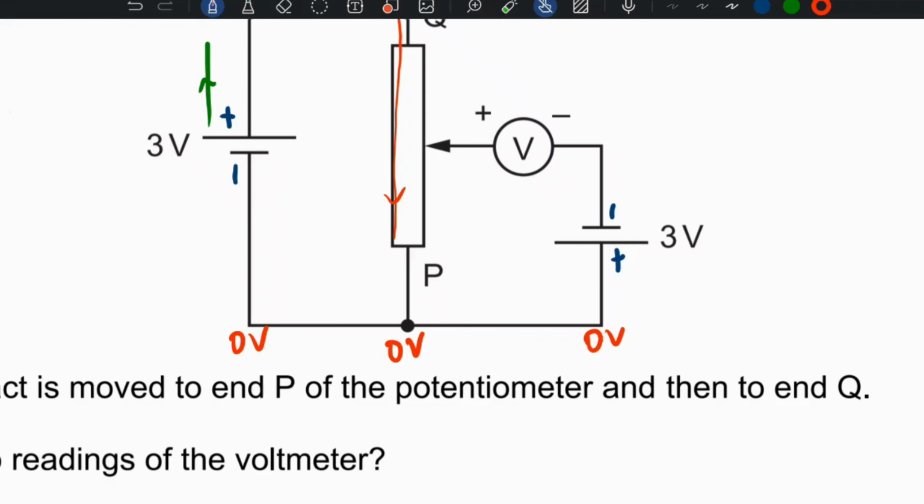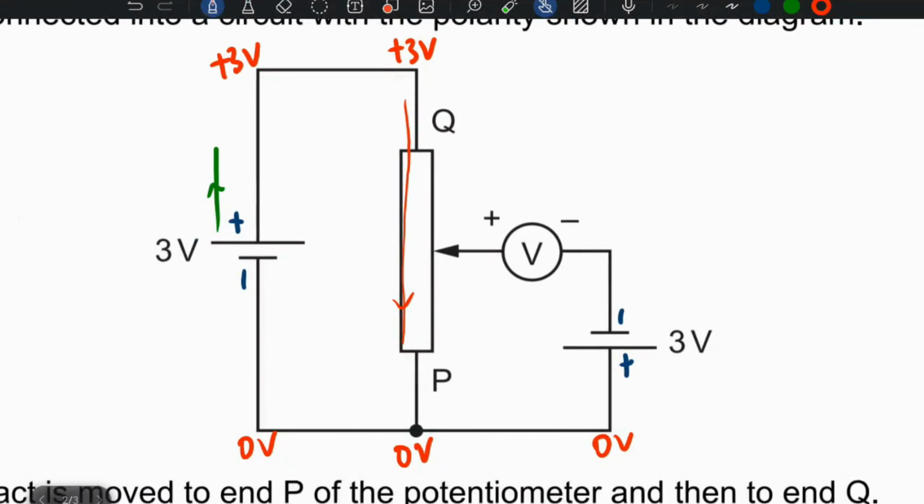Let me repeat one more time. First, we know that conventional current moves from positive to negative, so we start in this direction. Of course, there's nothing in between here, so the 3 volts will remain as positive 3 volts. I'll explain why I explicitly mentioned positive here. I could have just said 3 volts, right? Why did I say positive? We'll get to that in a while.